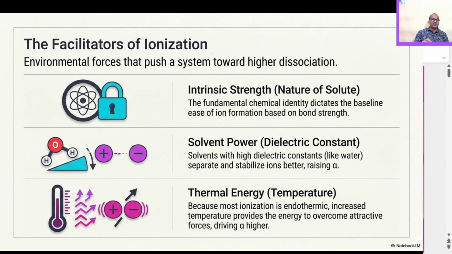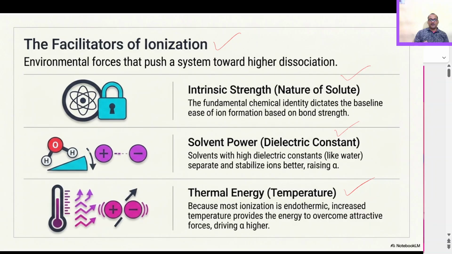Then the facilitators of ionization. These are the three factors that help facilitate ionization: nature of the solute, dielectric constant of the solvent, and temperature. These three factors will increase the degree of ionization.